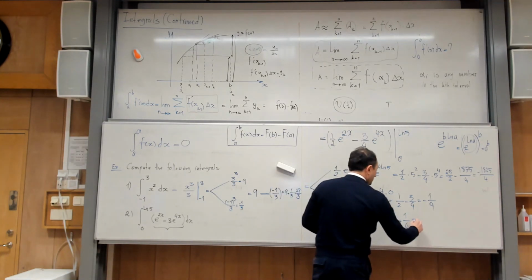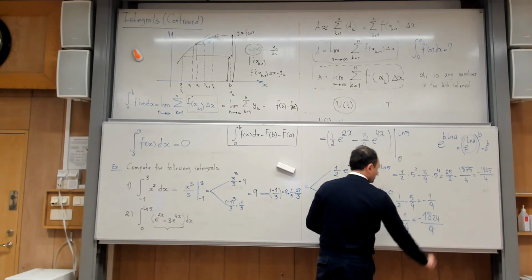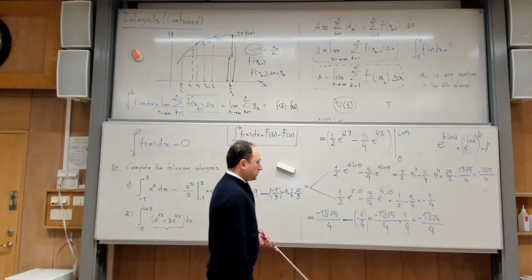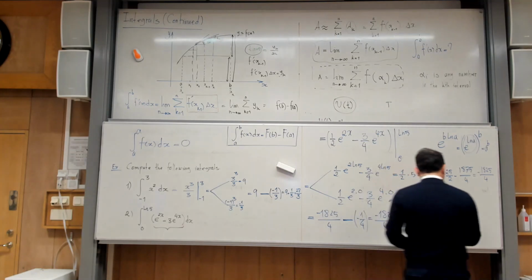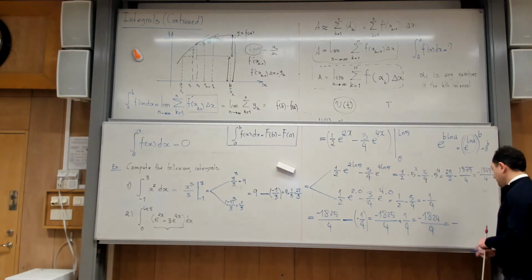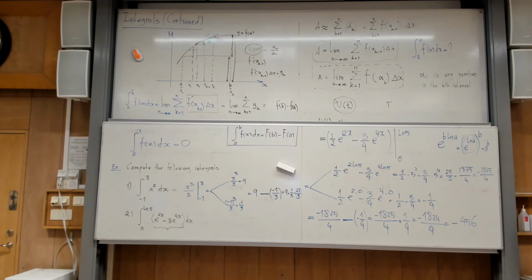And the answer becomes minus 1,824 divided by 4. Okay, if I divide by 2, it becomes 912, and then divided by 2, so it is minus 1. Yes? So the answer is negative, as you see.